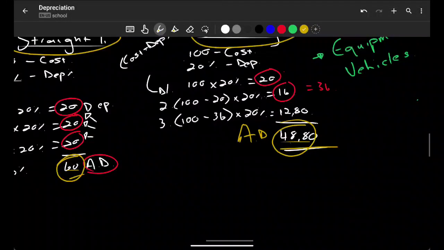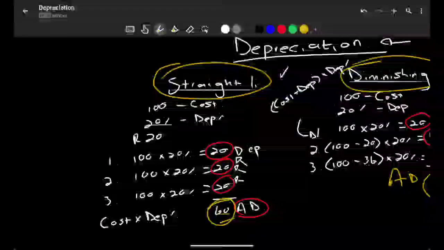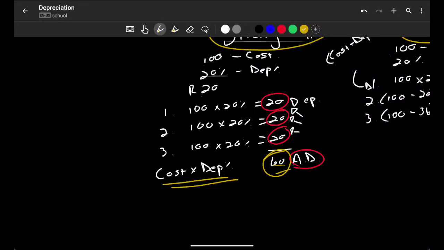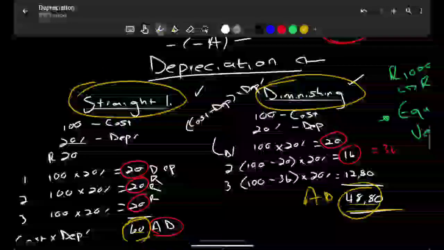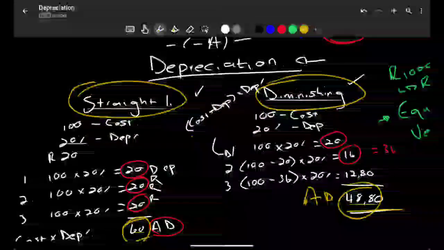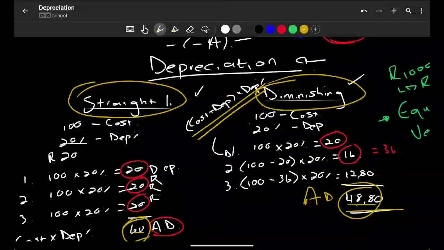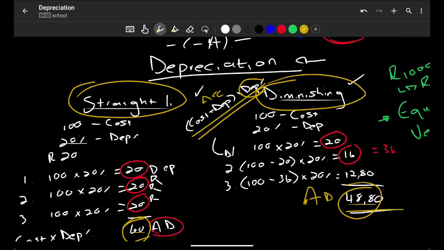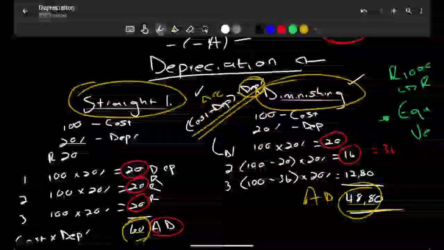And that comes to you understanding that straight line method is calculated on cost multiplied by depreciation percentage, and diminishing method is calculated on cost minus accumulated depreciation multiplied by the depreciation percentage.